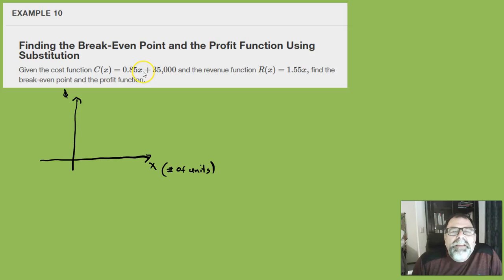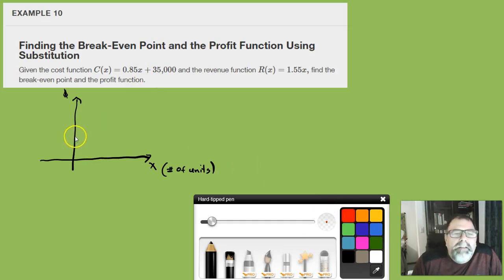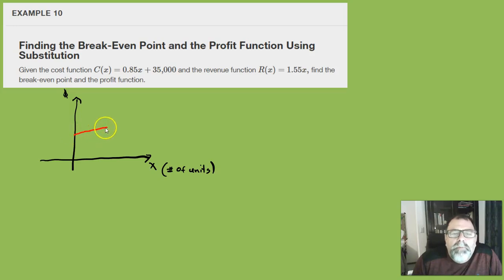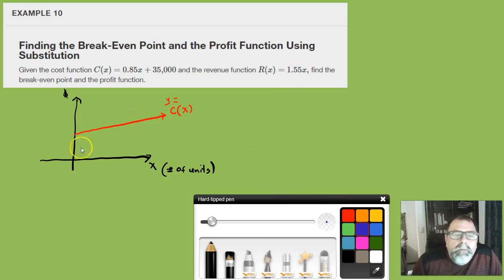So if I do the cost function, let me do this one in red. Let's say this is at 35,000 and the slope's 0.85. So this is my cost function. Y equals cost function. And then my revenue function, we'll do that one in blue.